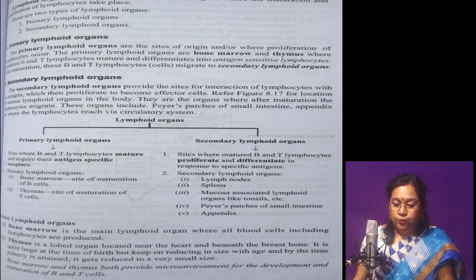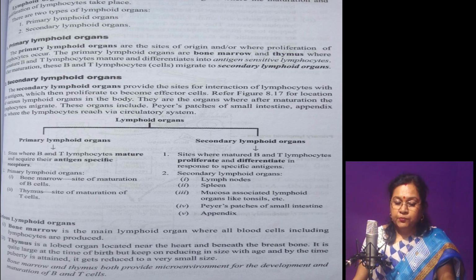The bone marrow is where all the blood cells, including lymphocytes, originate, and it provides the microenvironment for the development and maturation of the B lymphocyte cells.